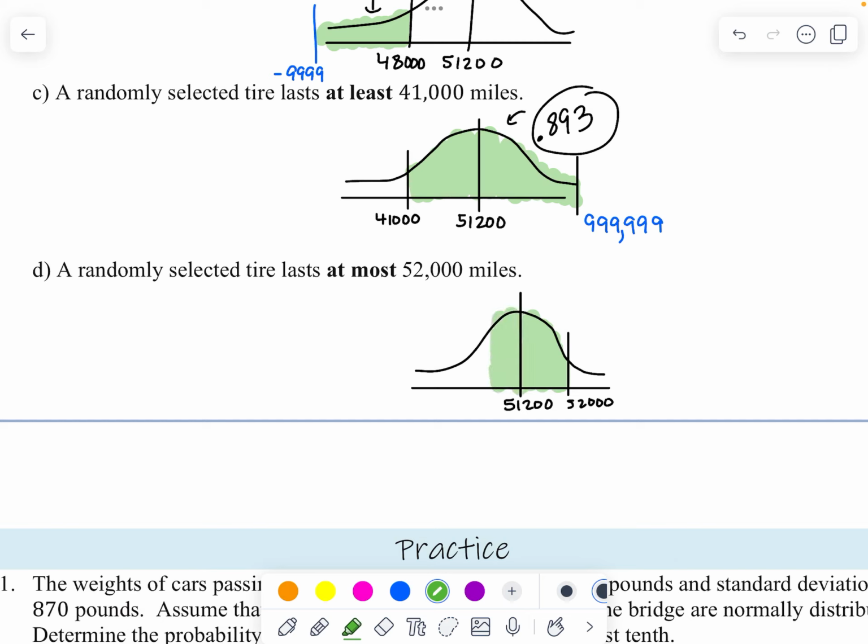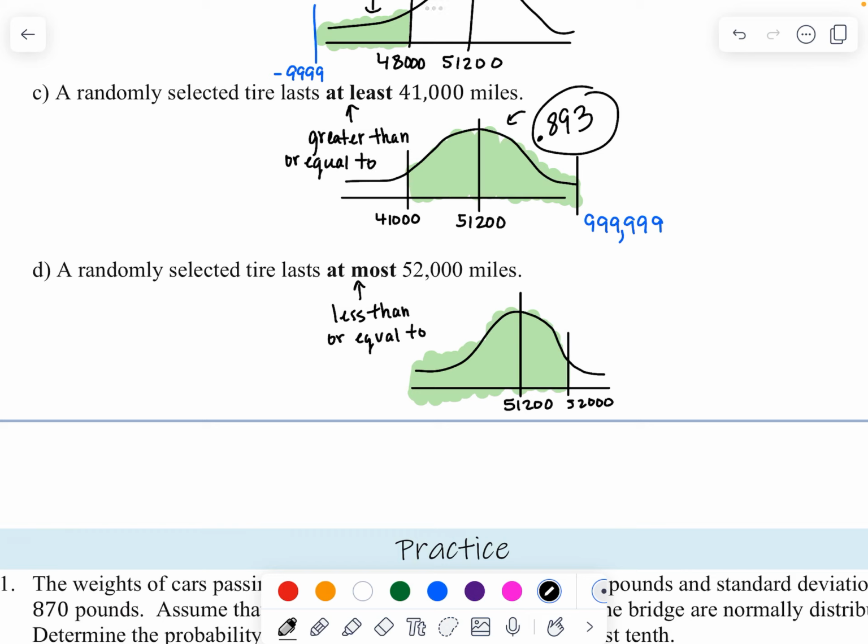So that or less. So at most is the same really as saying less than or equal to. And if you want to go back to at least, that was really like saying greater than or equal to.